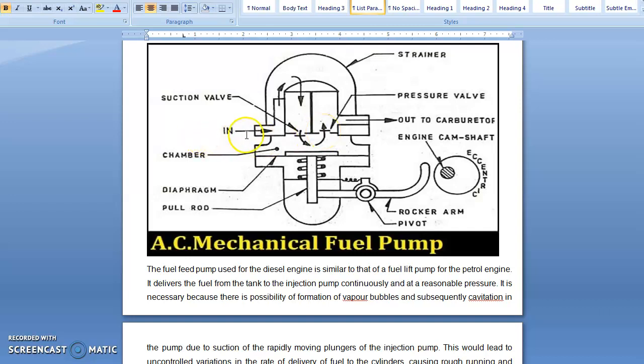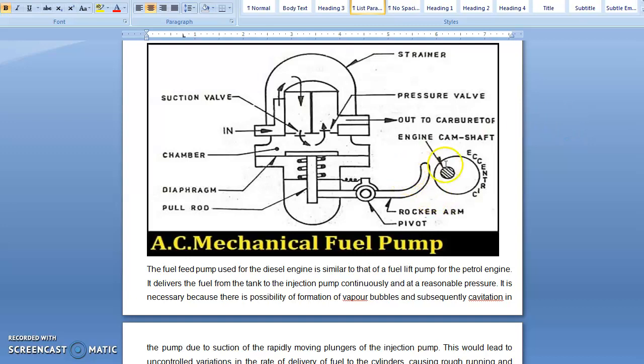So the fuel enters this chamber. And when the cam is rotated again and the diaphragm moves up, it pushes, the suction valve closes and the pressure valve opens, so that whatever fuel is inside this chamber is pressurized and forced out to the other parts.